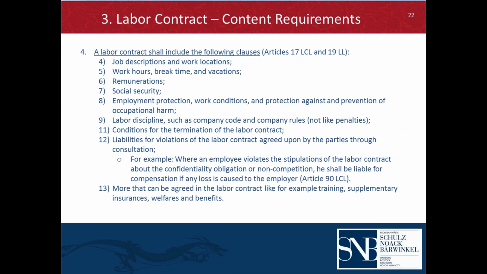So further content is the job description, work location, working hours, break time, remuneration, as I already mentioned, social security, employment protection, labor discipline, and so on. The more detailed the labor contract is, the more chances you may have, for example, to terminate the labor contract later.